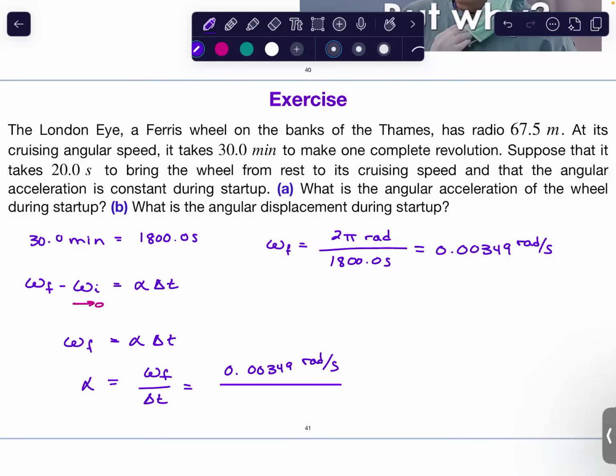No, not 1800. 20 seconds. That's how long it takes to get to cruising speed. Angular acceleration in this case is going to be 1.75 times 10 to the negative fourth radians per second squared. So not too bad if you know what you're looking at in the problem.